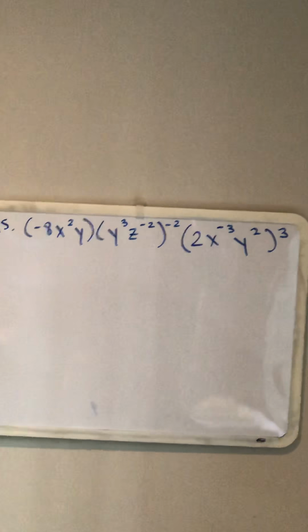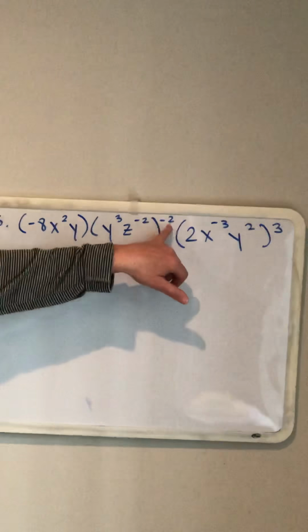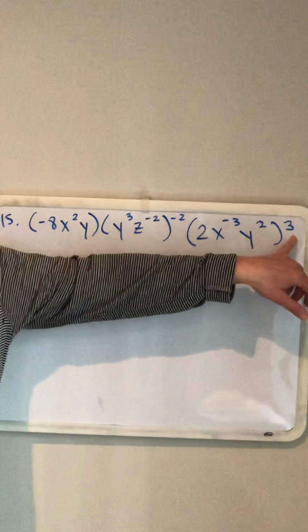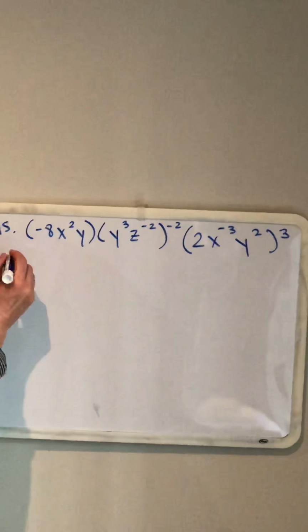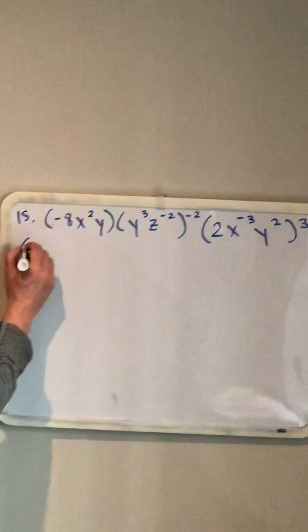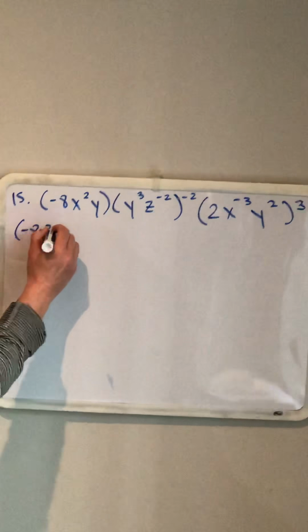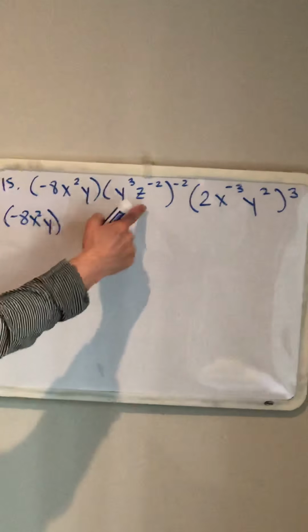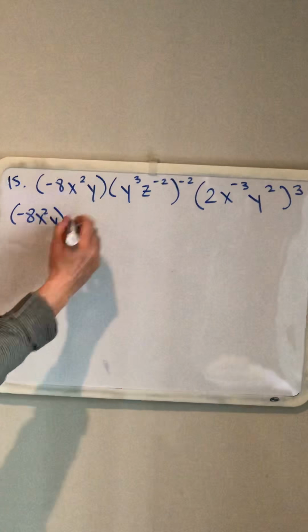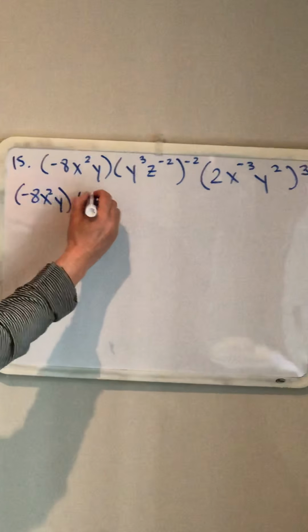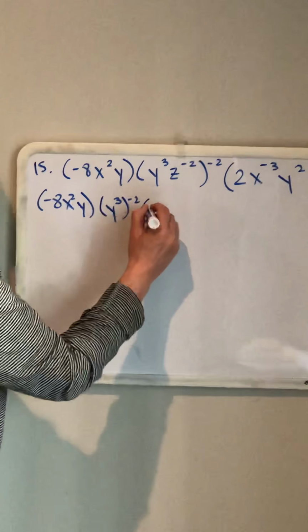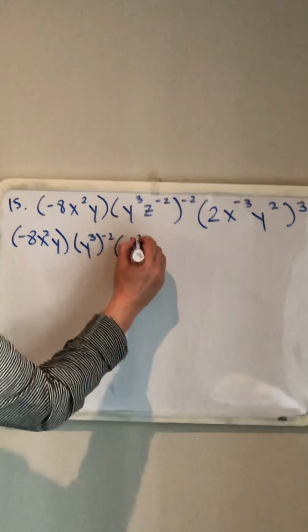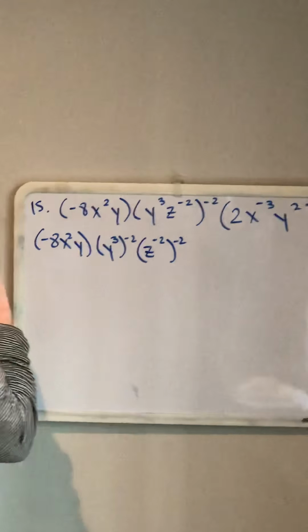Okay, so in this question I have 2 outside exponents, so I have to handle that first. This negative 8 x squared y is just going to stay as is. So we have negative 8 x squared y. This is going to become y to the third to the negative second, and then z to the negative second to the negative second.